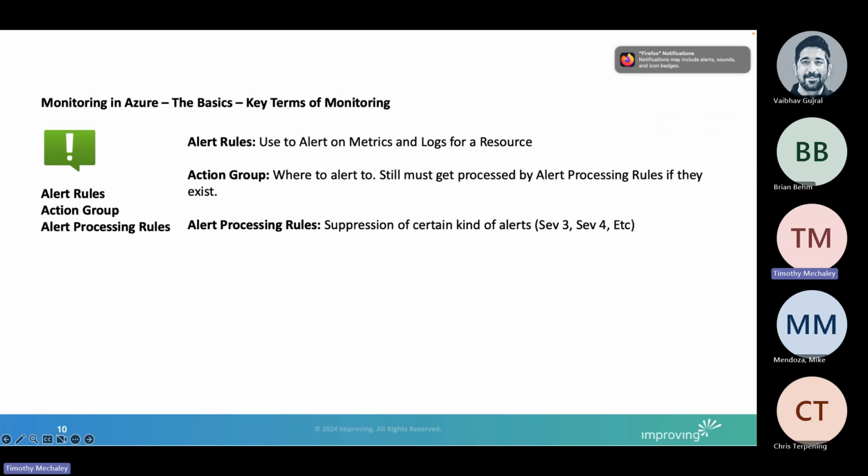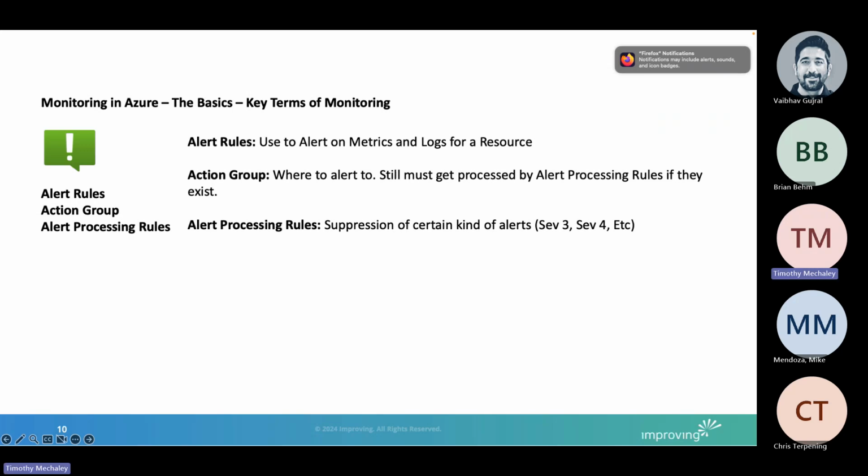So, alert processing rules. This is something a lot of people forget to do. They create an alert rule of 70%, and they say, if the CPU goes above 70%, I'm going to make that a Sev 2, right?